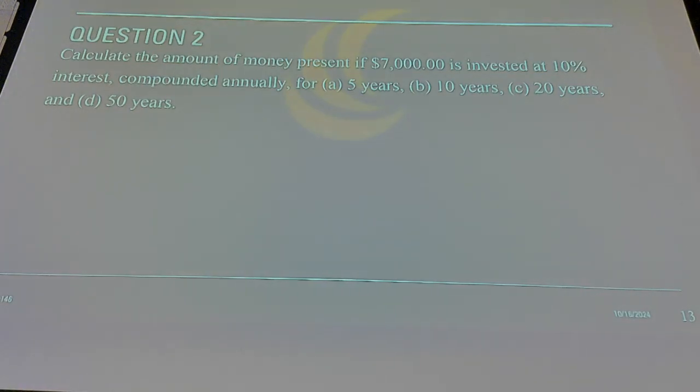Calculate the money present. If $7,000 is invested at 10% interest, compounded annually for 4 different periods or 4 different lengths of time. Now, where did these numbers come from? I didn't just pull them out of a hat.